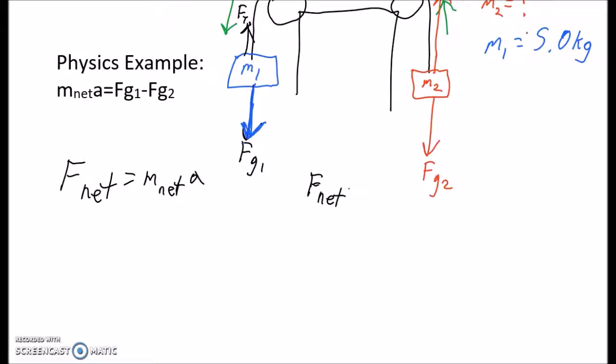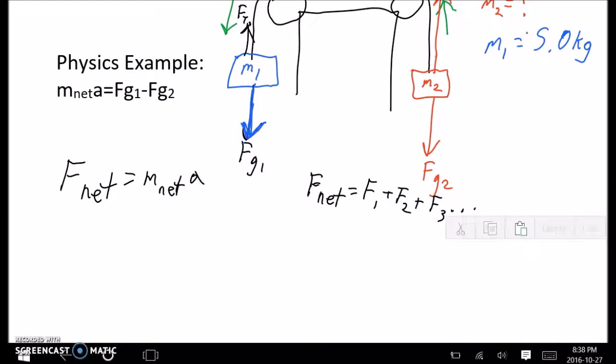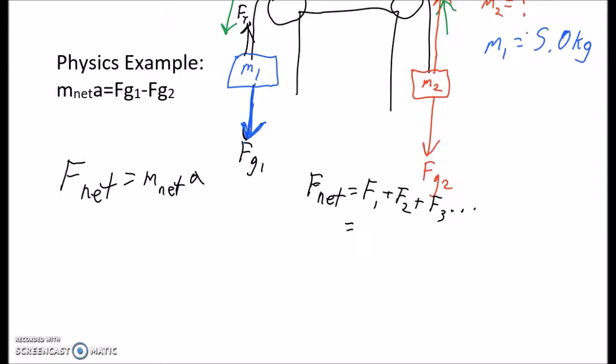F net equals F1 plus F2 plus F3 ... to infinity. Now this F net, in this case, F net is Fg1 from here, Fg1.